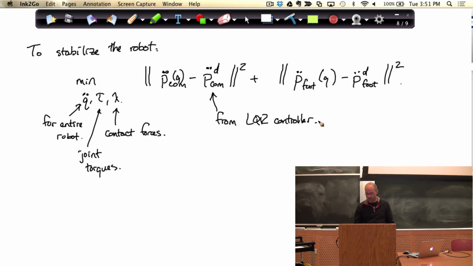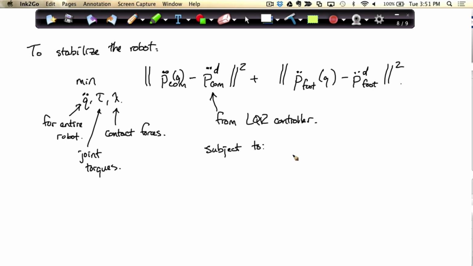There's lots of tweaks on this. I'm just trying to write the simplest one to understand. Okay. And I have additional constraints that my foot moves in some particular way. And then I'm going to subject that to all the constraints of my robot, right? So for instance, the most important one, my manipulator equations.